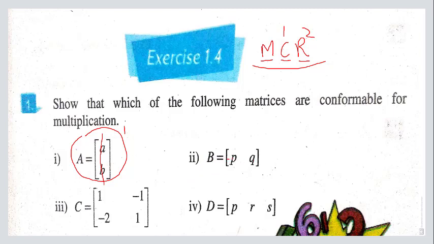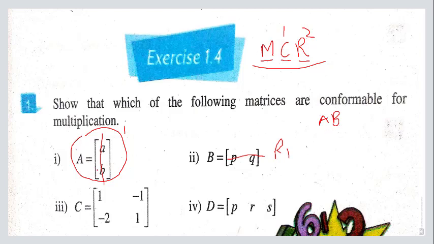How many rows are there? Only one row. Number of rows is 1. So one row is here and one column is here. So A and B can be multiplied. In the solution you need to write AB. This means that AB can be multiplied.